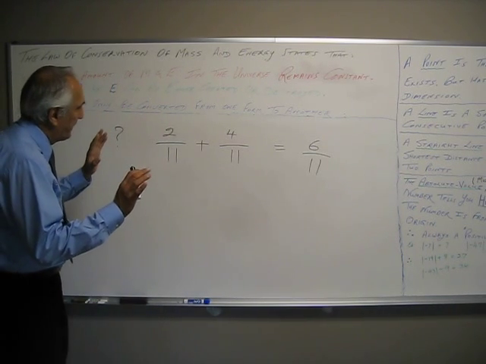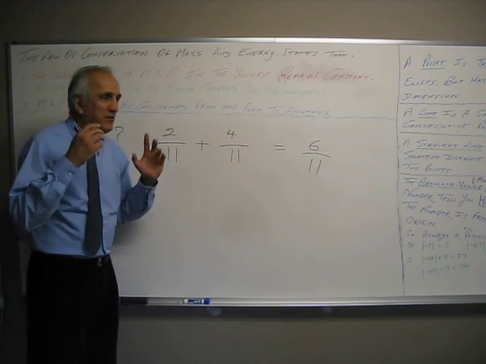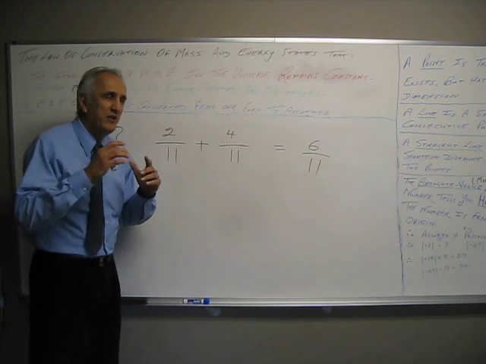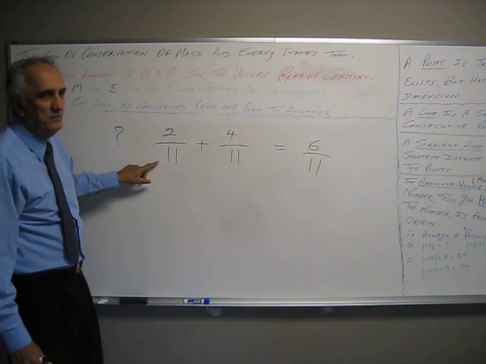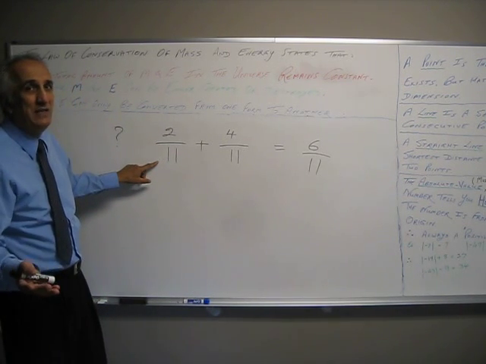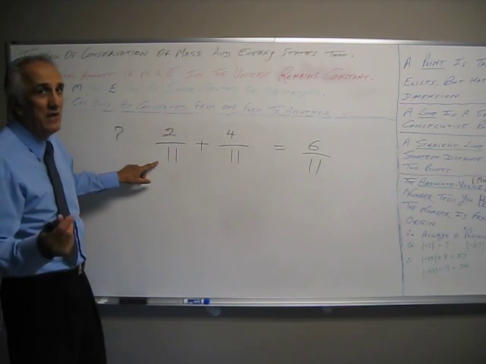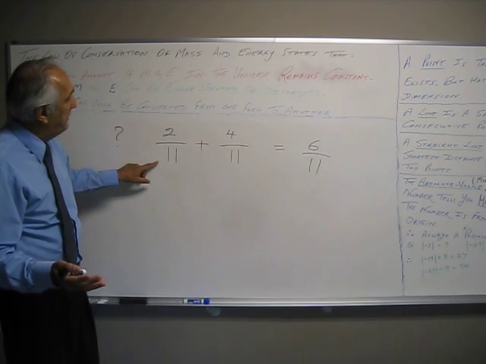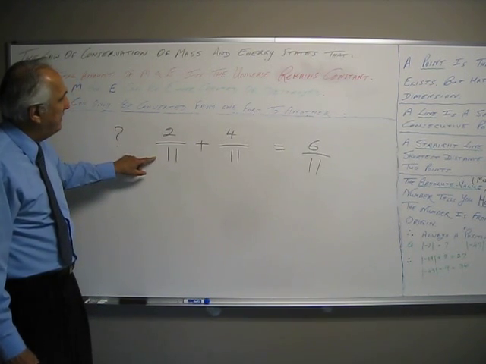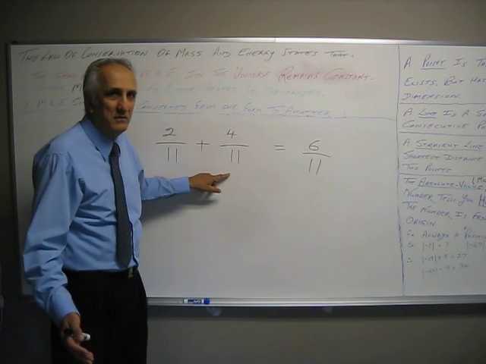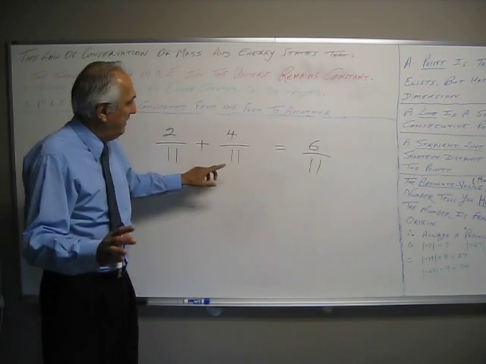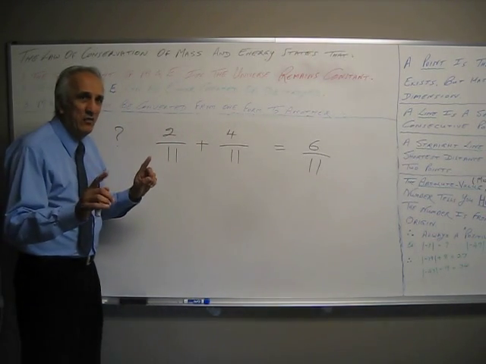Now, at this point you might encounter a bit of an illogical situation. If I give you 2 out of 11 items, I only have 9 left. I don't have the full 11 left. So if I give you 2 out of 11, and then I give you 4 out of 11, how's that possible? I only have 9 left. Don't worry about that for now.